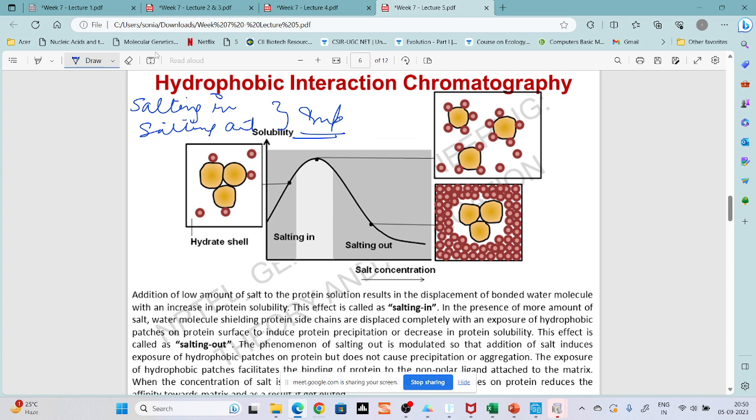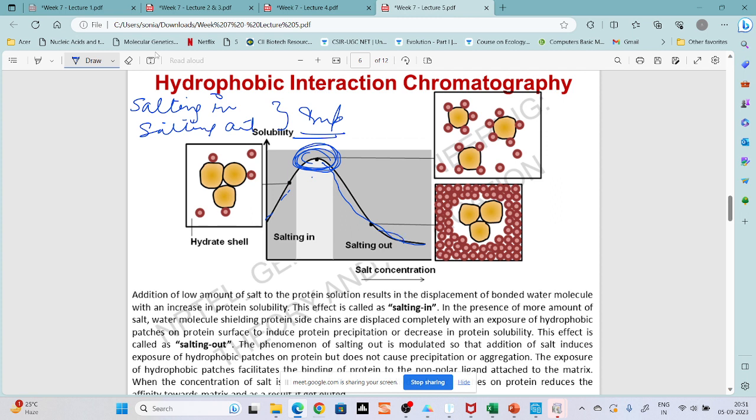So if you want to break the hydration shell, you have to add salt. Initially, when you are adding salt, the solubility of that protein is getting increased. But after a level, there is a saturation level, where no more salt can be taken up by the protein, and after that the solubility starts decreasing and the protein gets precipitated.